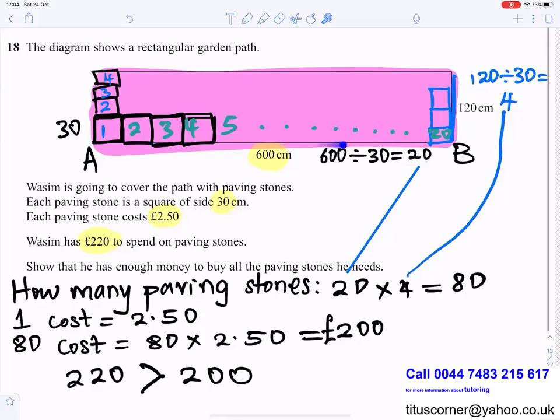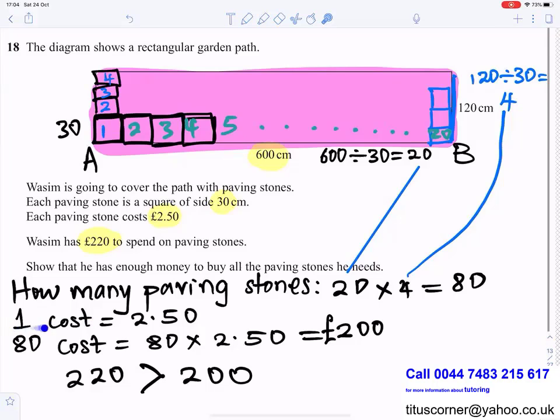So it's 20 and 4. So how many paving stones? 20 times 4 gives you 80. 80 paving stones. How much is one paving stone?